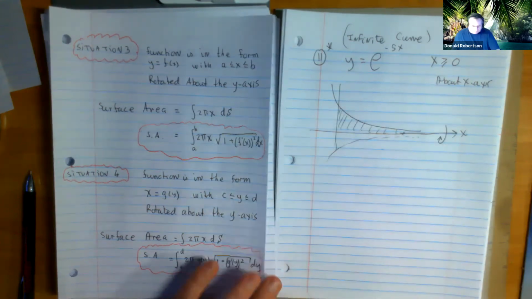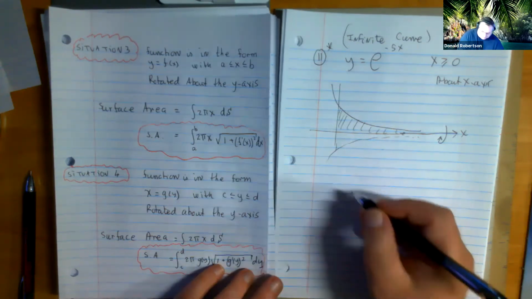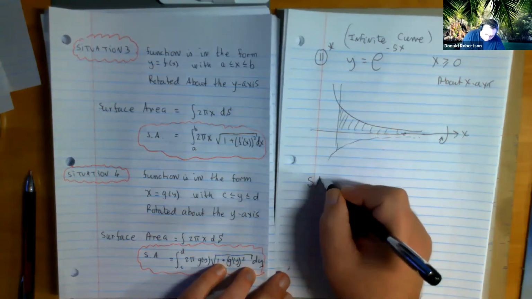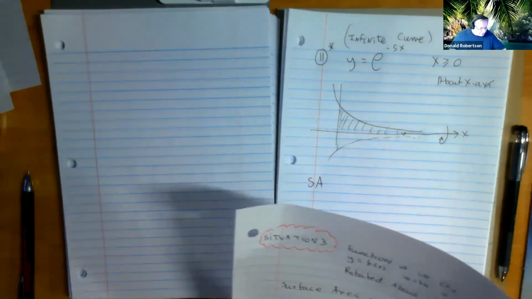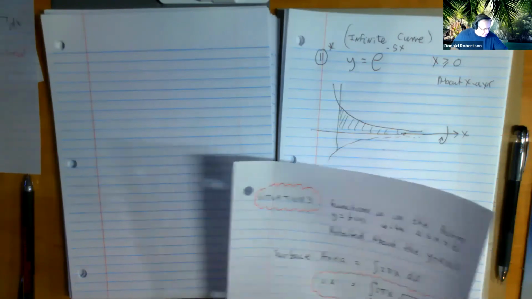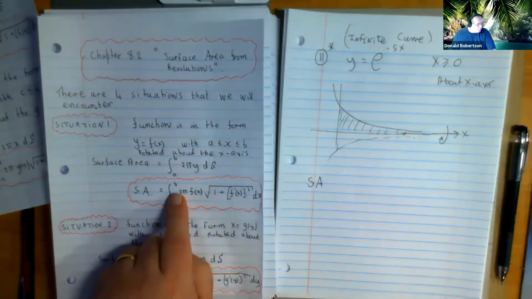So it looks very like a Gabriel's horn question, doesn't it? So we're being asked to calculate the surface area. Well, since you're rotating about the x-axis, it means it's number 1 or 2. And since everything is in x's, would you agree it's number 1?